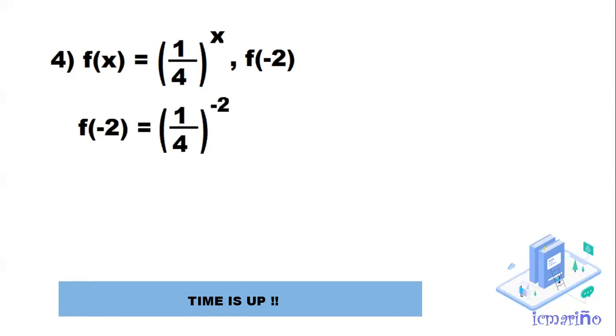F of negative 2 equals 1 over 4 raised to negative 2. So you need to flip the base, the 1/4, so that is equal to 4, and the negative 2 exponent becomes positive. So our answer is 4 times 4, which is 16. Did you get it right? Very good.